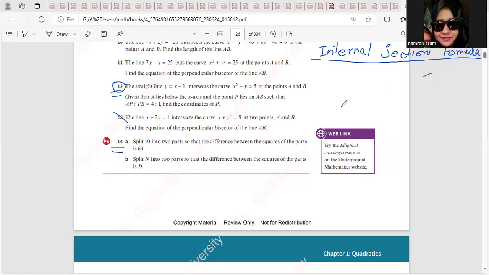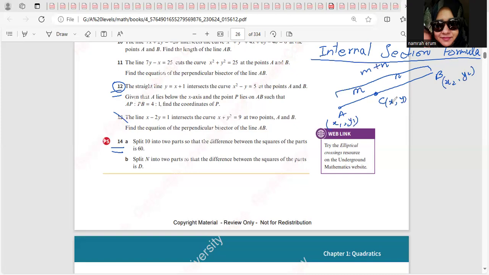For instance, I have a point A, I have a point B. The line AB is being divided into two parts in any given ratio, let's suppose M ratio N. Obviously, the complete length of AB would be M plus N. But AB has been divided into two parts, M ratio N, then the coordinates of this point that is dividing the line AB, let's suppose this is X and Y. Let's suppose A is X1, Y1, and B is X2, Y2.